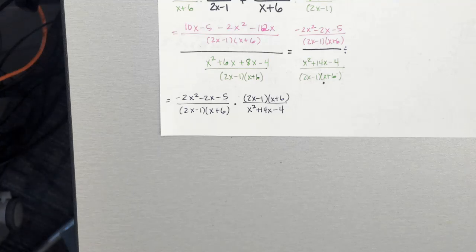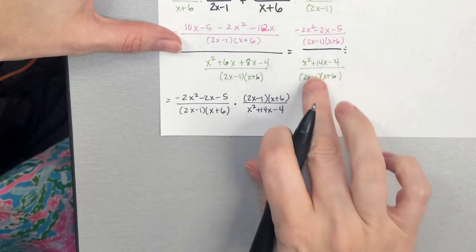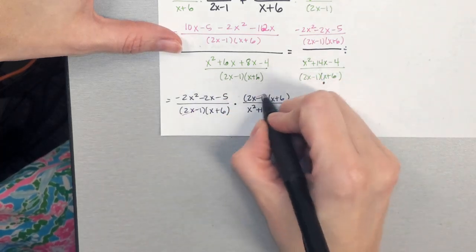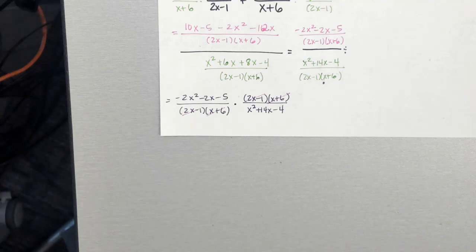Okay, you may have noticed that these denominators were the same. So when you are dividing, and you end up multiplying by the reciprocal, those are going to cancel if the denominators are the same. Okay, when you're doing this, if you notice they're the same at this step, it's fine if you cancel them out, because if you keep, change, flip, the same thing will happen.